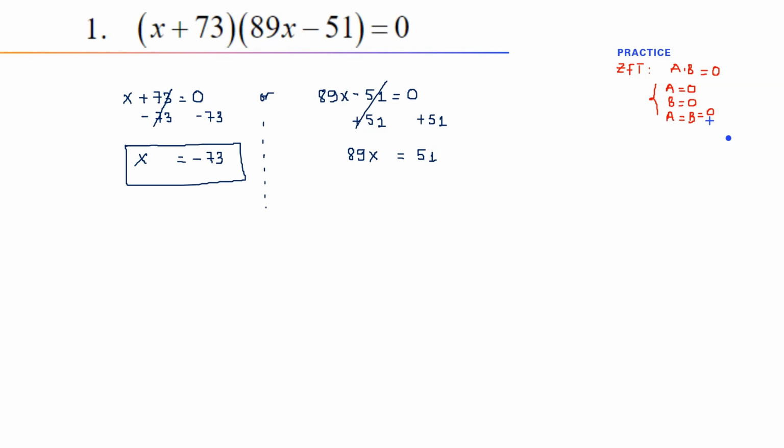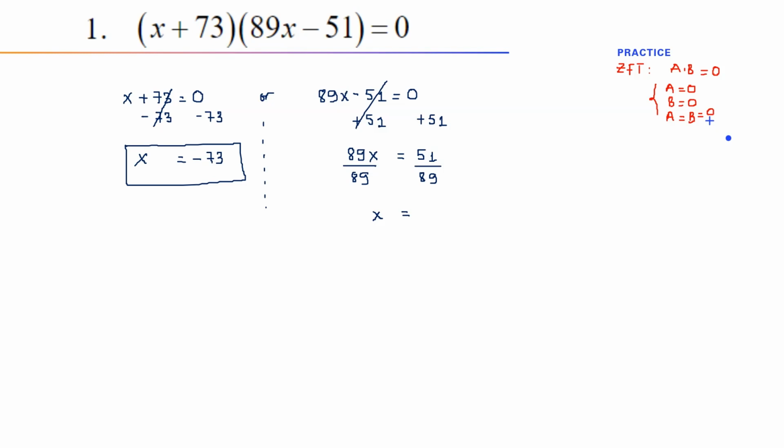Alright, now to isolate x, I divide both sides by 89. 89 divided by 89 is 1, and 1 times x is x, so on the left hand side we only have x.